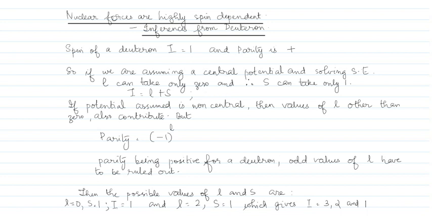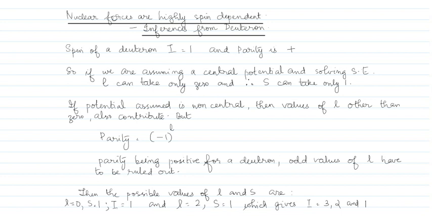Now, if we assume that the potential is non-central, then it means that other values of L can also be considered other than L equal to 0. They will also contribute. But we know the parity is computed as (-1)^L, and we know from observations that parity is positive.